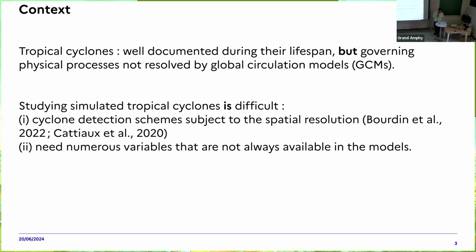There are many studies working on simulated tropical cyclones within the models, and they use deterministic detection schemes that are usually subject to the model resolution, and also sometimes need numerous variables that are not always available in every model output.